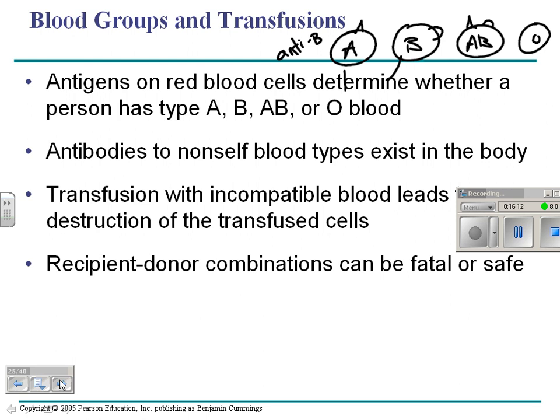So if you try to put B blood into A, death. B produces anti-A. AB produces none. O produces both.